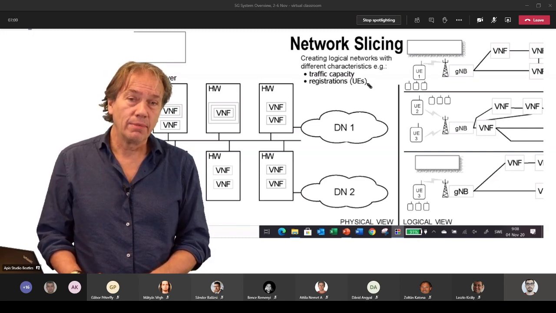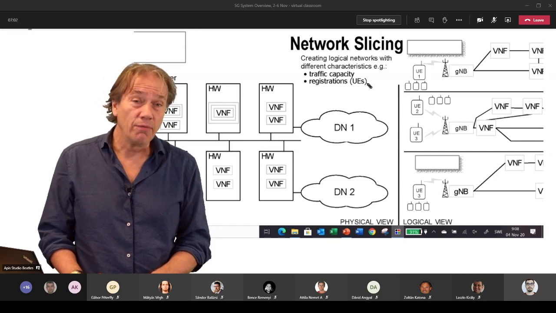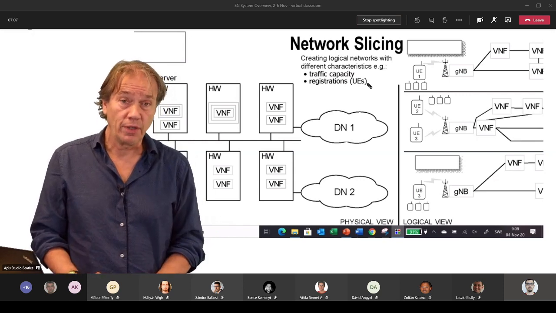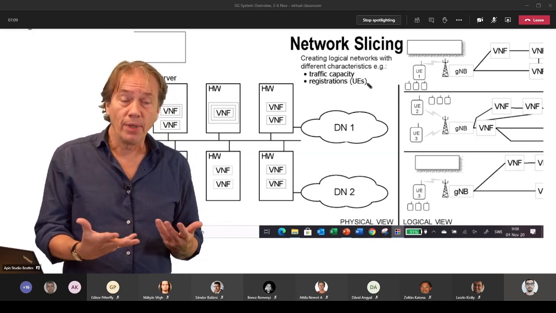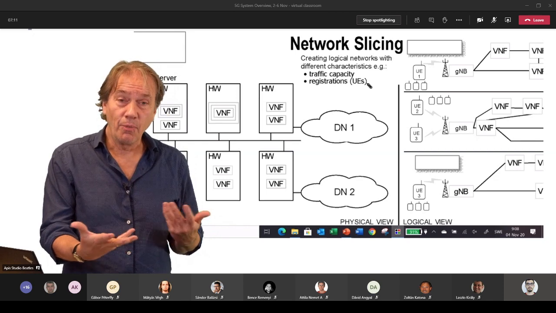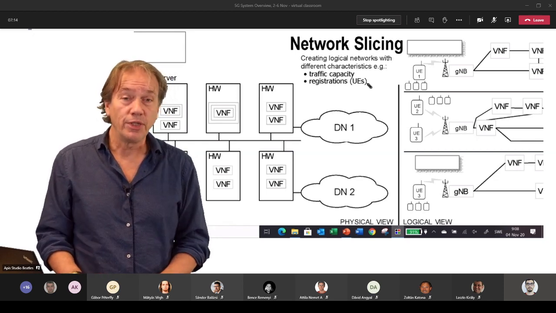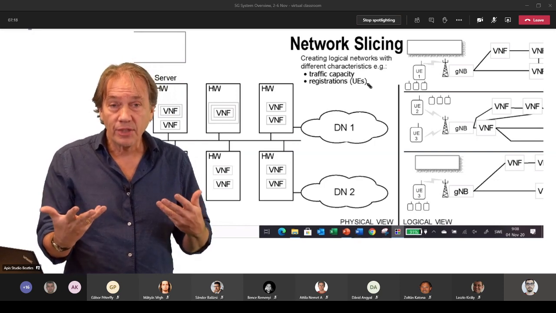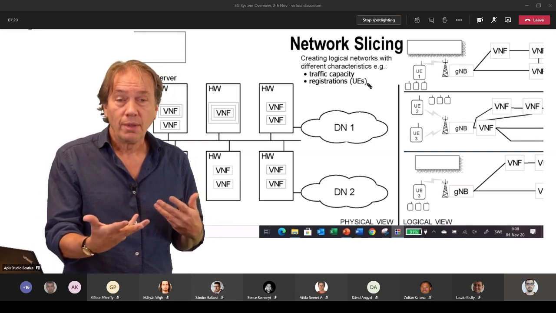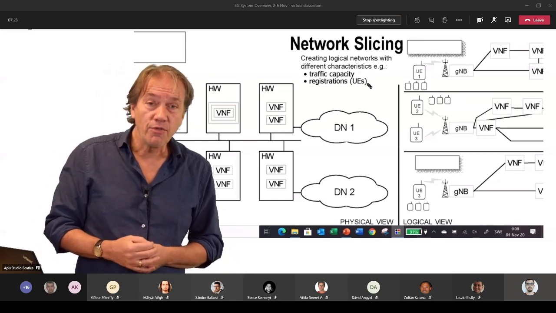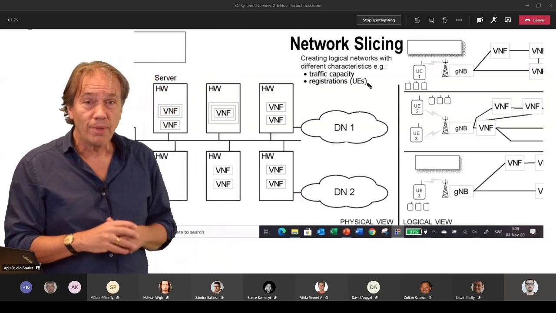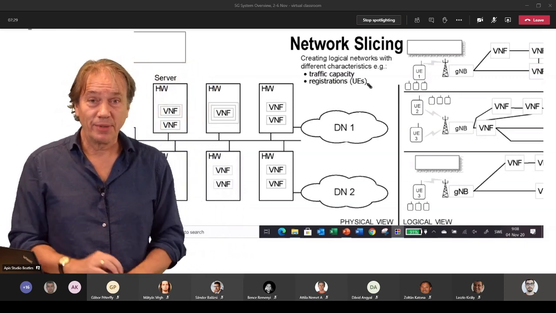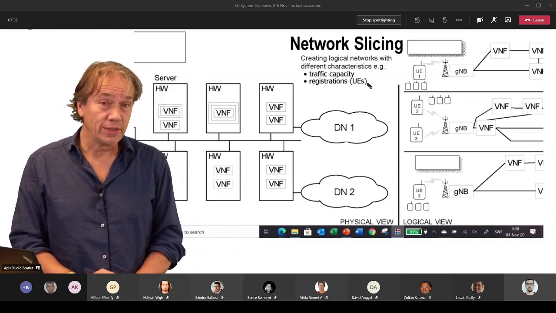And many of those UEs will probably not generate that much traffic, but just the sheer number of UEs will be a challenge to the network, because the UEs need to be registered, they need to have identities, the network needs to store maybe mobility related information. So just storing information about all these registered UEs is perhaps the biggest challenge, not the traffic itself.